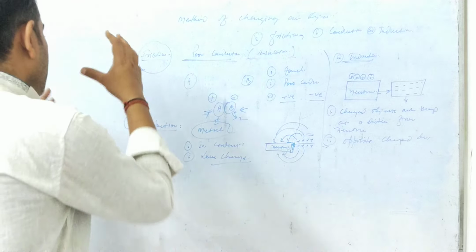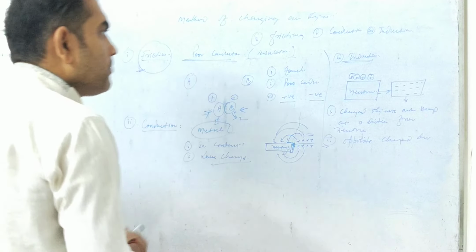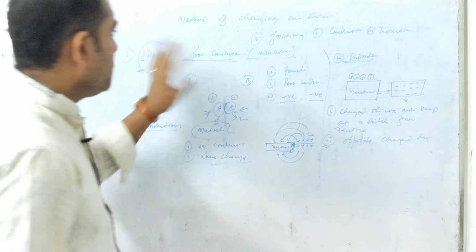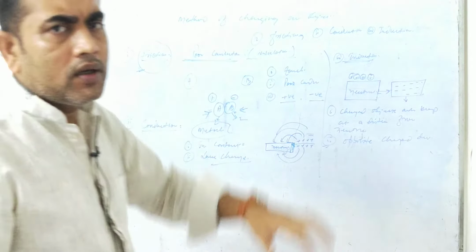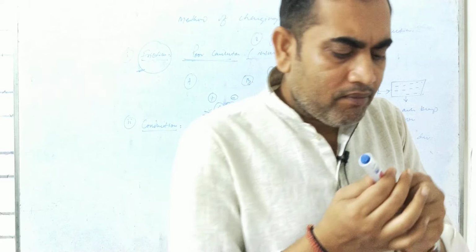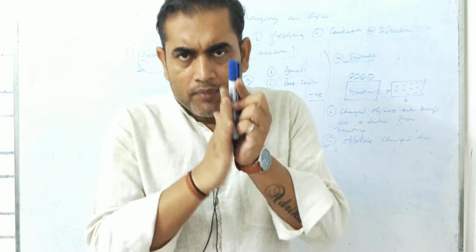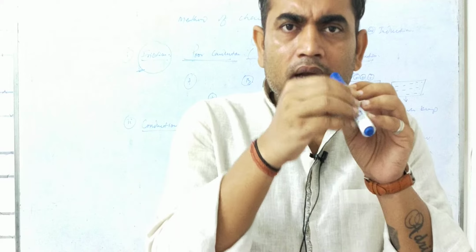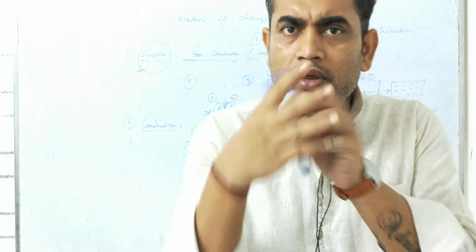The first one is friction, the second one is conduction, and the third one is induction. Friction goes well with poor conductors, where it is not easy to move the electrons. In that situation we rub the object, and by rubbing, electrons get transferred from one object to another.